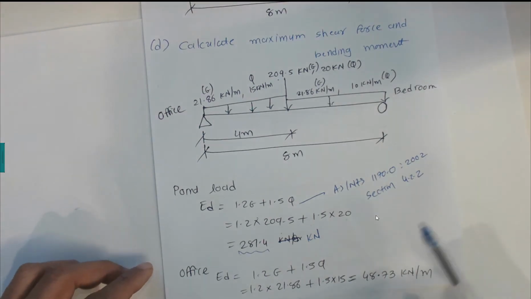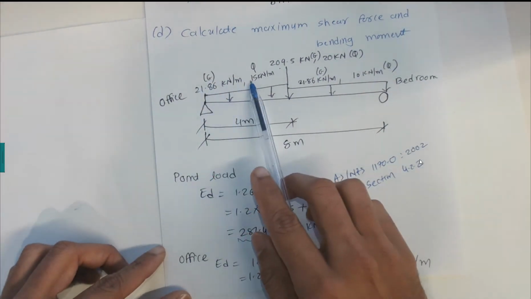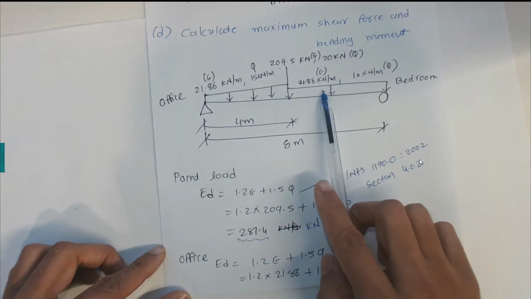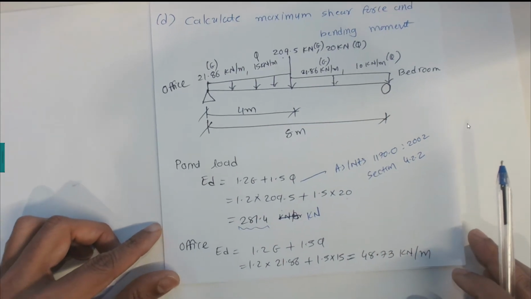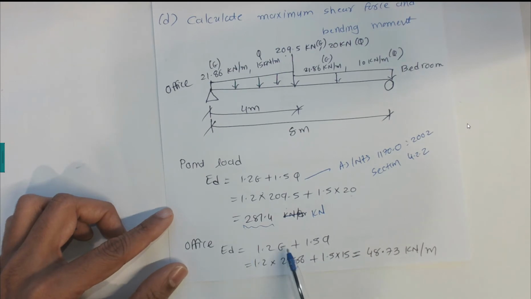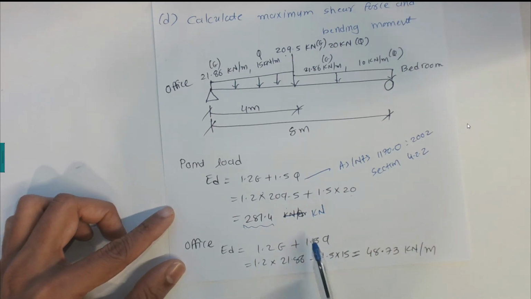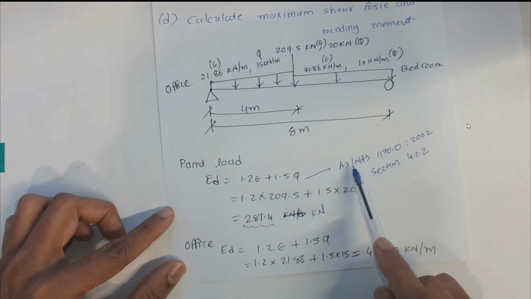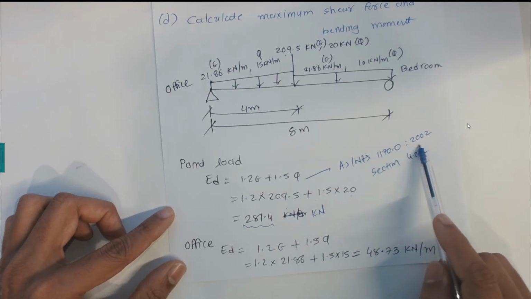So we obtain the dead load and live load for the office and the dead load and live load for the bedroom. We can combine both with 1.2 G plus 1.5 Q, the same equation we used for the point load, from AS/NZS 1170.0 2002.